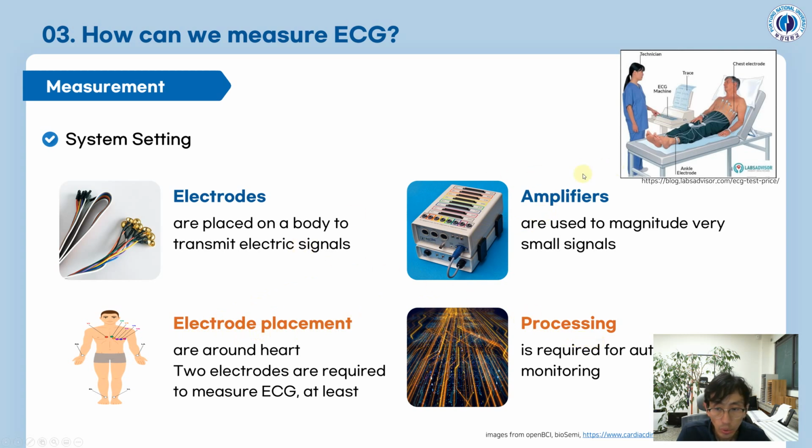So the electrode is the thing which we are going to put on our body. You can see this person, and also the person in the left bottom, and we can put 10 electrodes on the body, and from these electrodes we can get the signal.